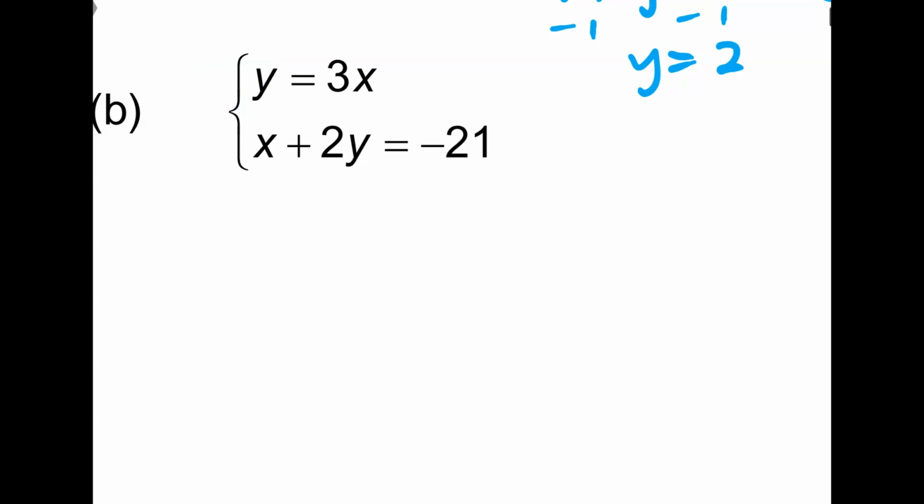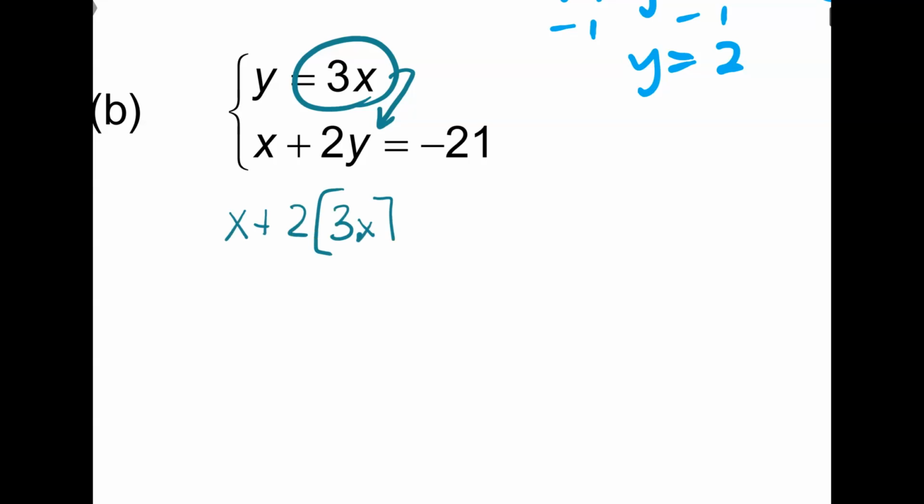If you get either x or y with a coefficient of 1, that's ideal, especially if it's already solved. So I see y equals 3x, so I'm going to plug this in for y. x plus 2 times, well, what did we say y was? 3x equals negative 21. So I have x plus 6x equals negative 21. Must combine these.